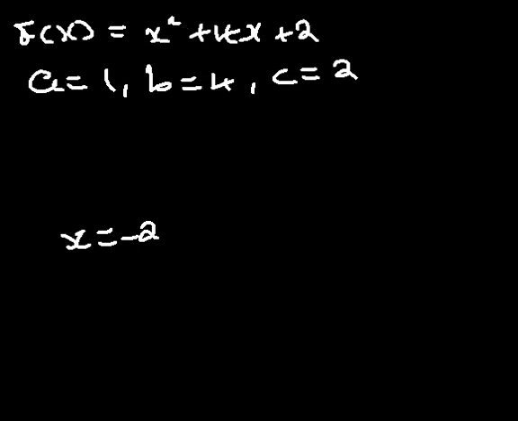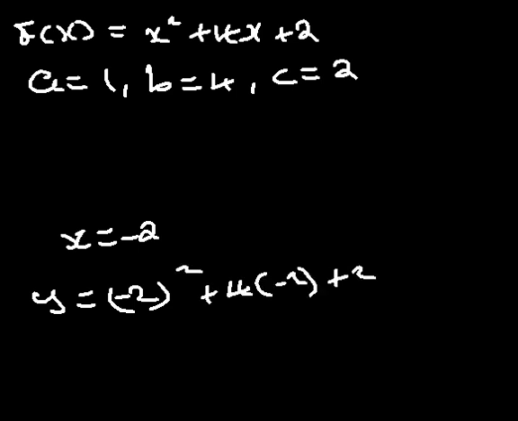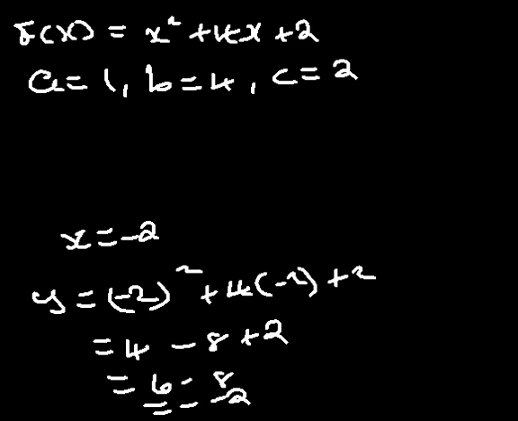Mind you, f of x is the same as y, so we have negative 2 squared plus 4 times negative 2 plus 2. We'll have 4 minus 8 plus 2. That is 6 minus 8, which is negative 2. So the turning point has the coordinates negative 2, negative 2. So take note of that.